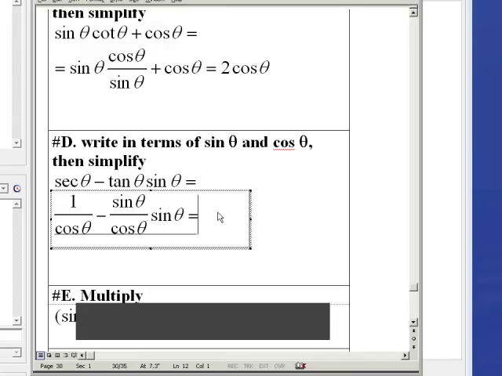There we go. We already have the same common denominator, cosine theta. I might as well start a new fraction here. That's the only thing we have in the denominator, so cosine theta, and nothing happened to the numerators. So we're going to have a 1, and then we're going to have a minus. Sine times sine, of course, is sine squared.